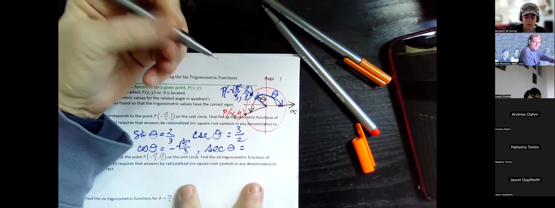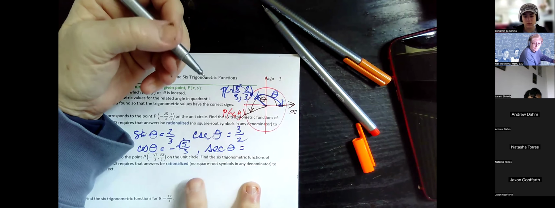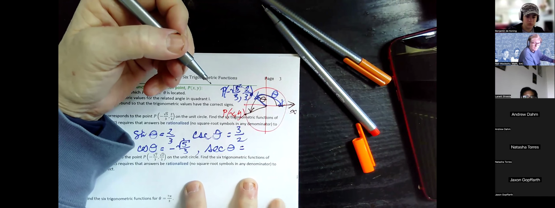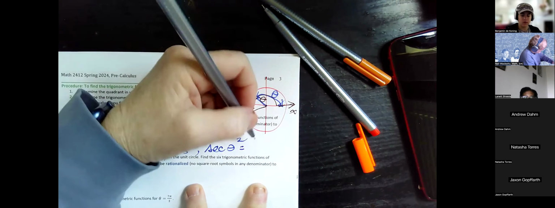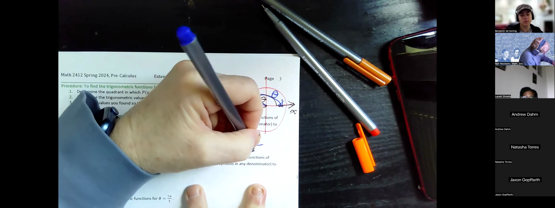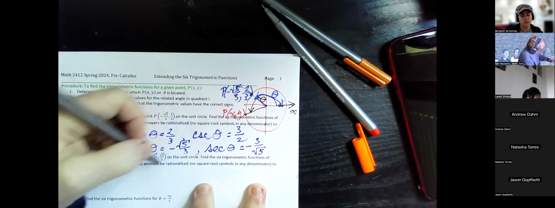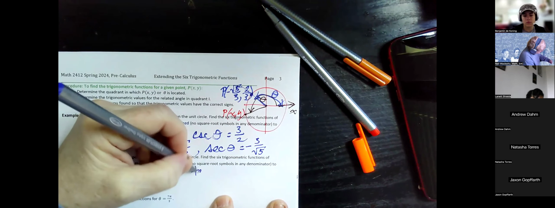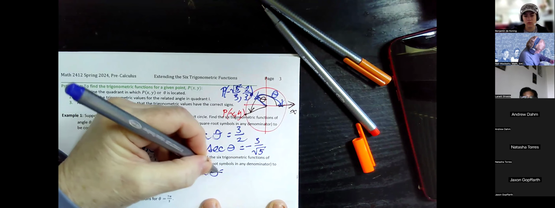All right, so what do we know that the secant is? Negative 3 over square root of 5. Awesome. The tangent of theta?